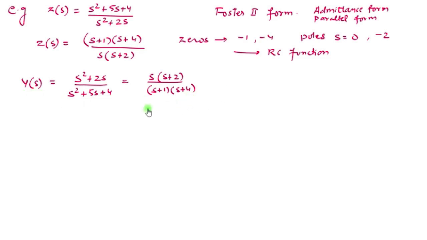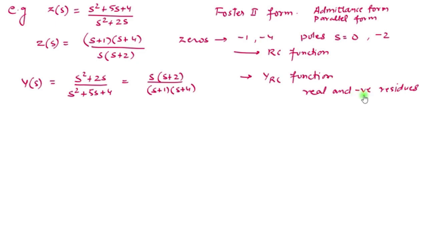To do so, we will apply the partial fraction method. Now if I decompose the given network function into smaller network functions, the residues will come out to be negative because it is an RC admittance function. It is now a Y RC function, and we already know that Y RC functions have real and negative residues.